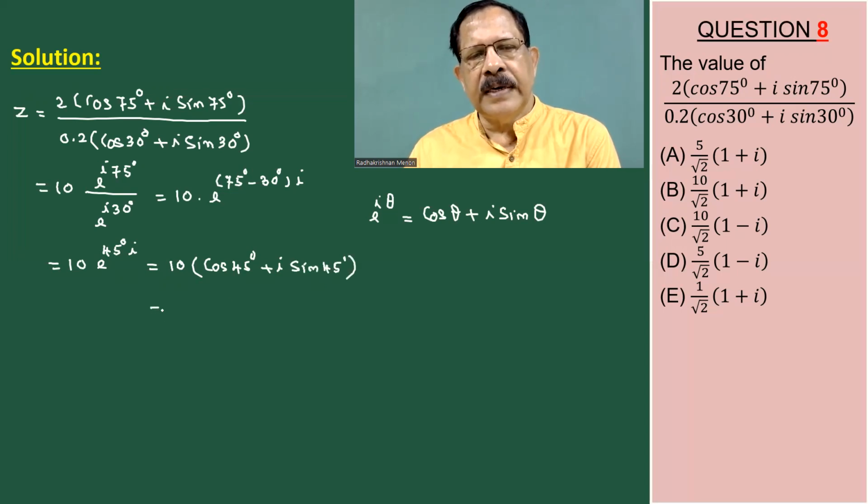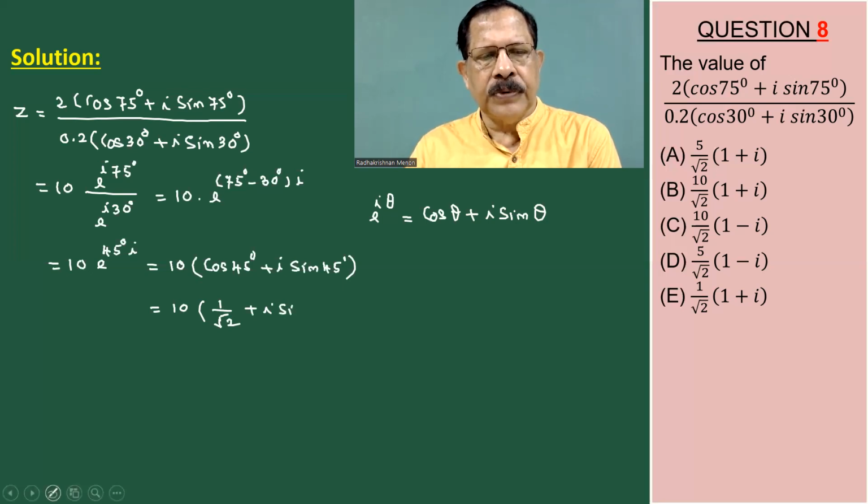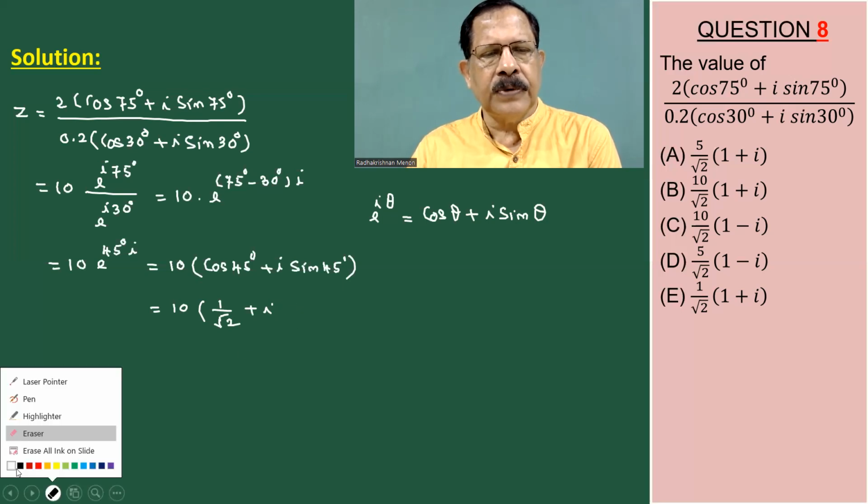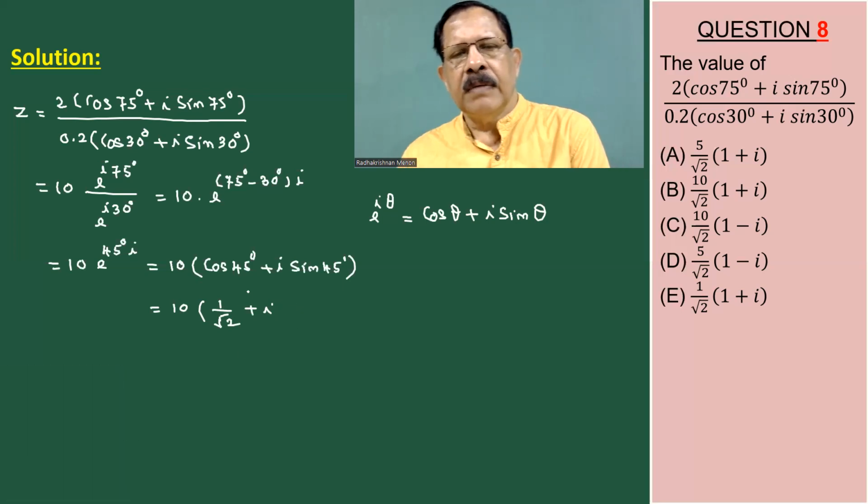Cos 45 degree is 1 by root 2, plus i sin 45 degree, again 1 by root 2. I am giving you the value of both cos 45 degree and sin 45 degree.